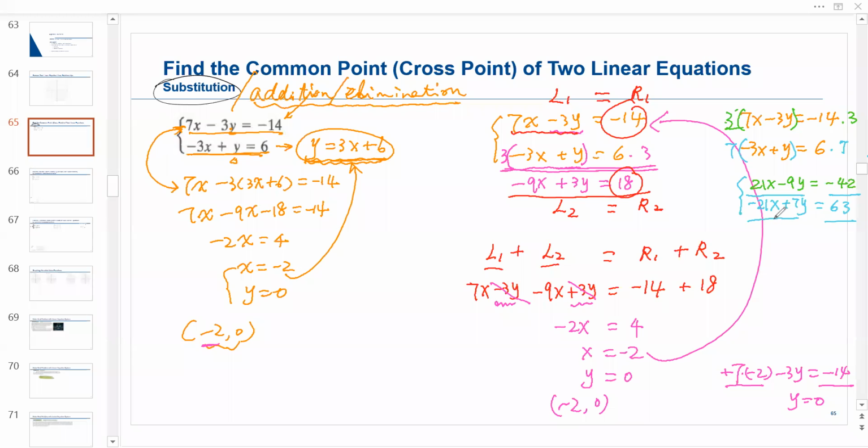So left parts add together, left 1 plus left 2. So x will disappear, right? What about the y part? It became negative 2y, right? The right parts add together as well, so it became negative 21, right?